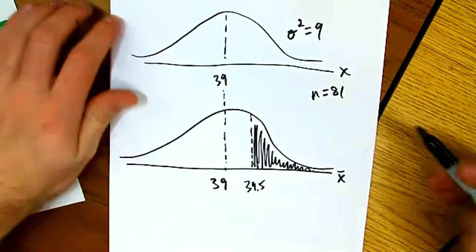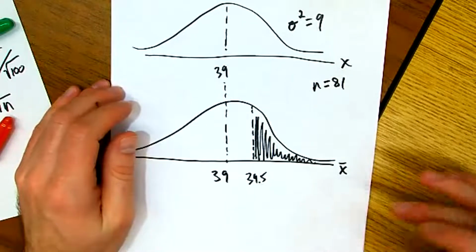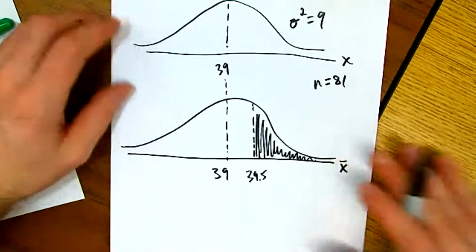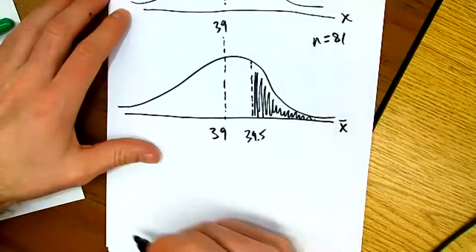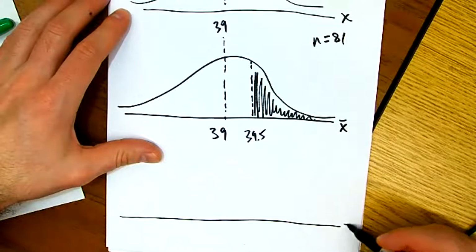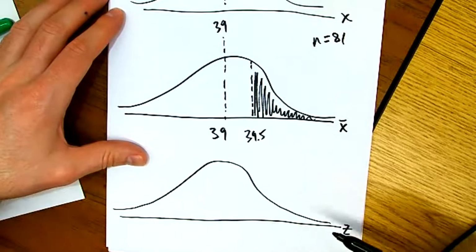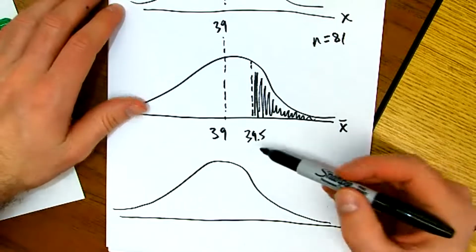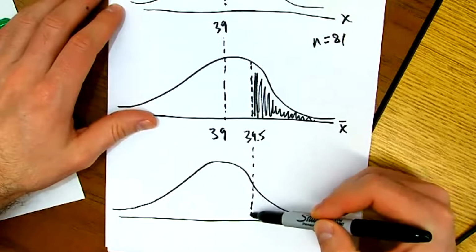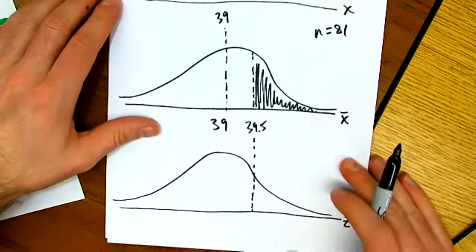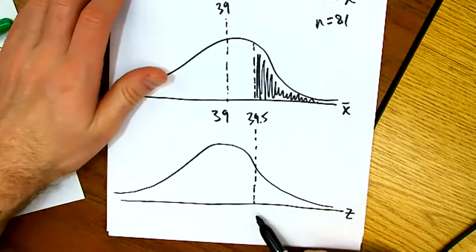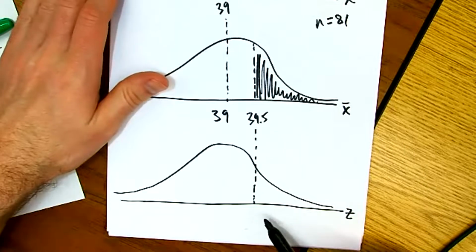I'll show you two different ways to work through this one. Here's the first way. Either way, I need to turn that value of 39.5 into a z-score. First of all, what should be true about the sign of this z-score?